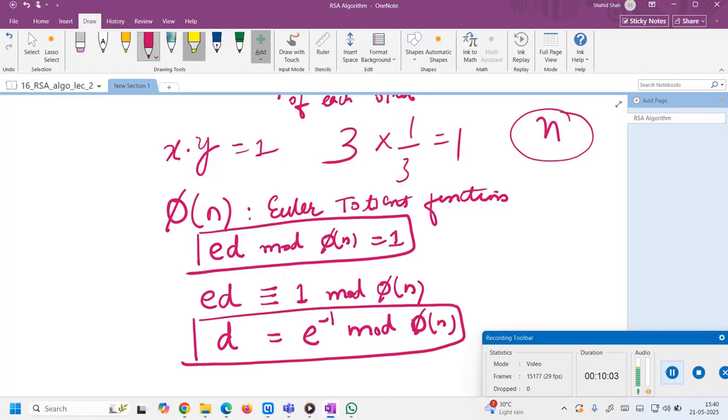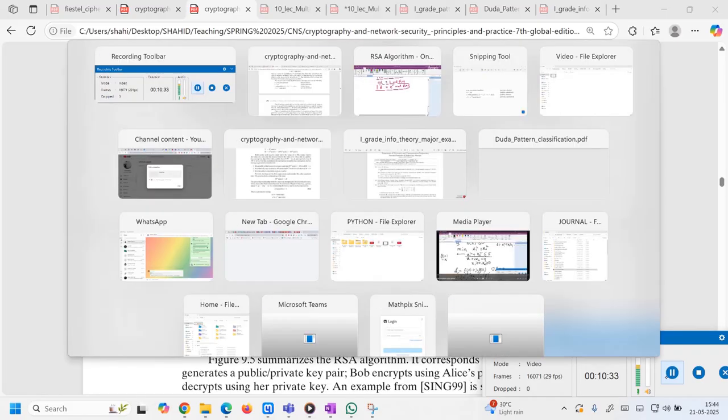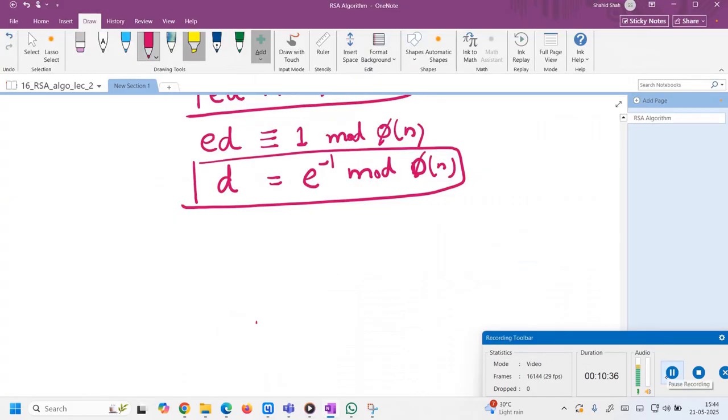So given E and N, finding D in this way should be infeasible. It is possible to choose D, E and N such that this operation becomes very difficult to do. Now again, as per one result which will be provided in the supplementary video of number theory, E and D are multiplicative inverses modulo phi of N if D and E are relatively prime to phi of N. So I will state it here.